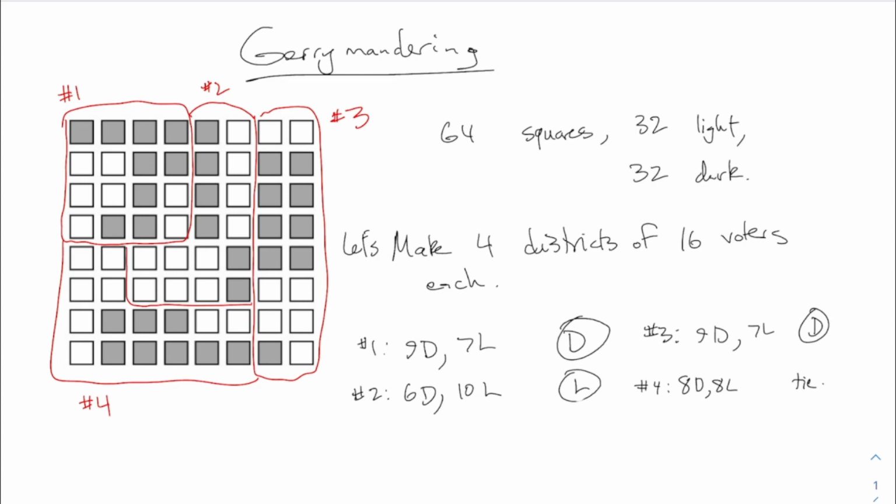All right. With these lines, these are called districts. With these particular districts, we get dark wins 2, light wins 1, and 1 tie. This is the basic sort of thing that we're going to be doing when we're talking about gerrymandering.